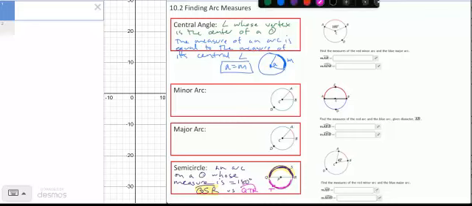Now, with respect to the semicircle, a minor arc and a major arc are smaller or larger than that 180. A minor arc is an arc on a circle whose arc measure is less than 180 degrees.